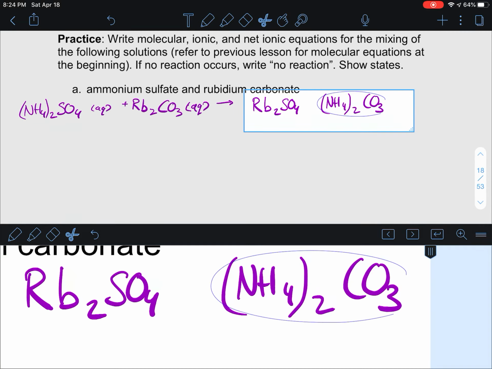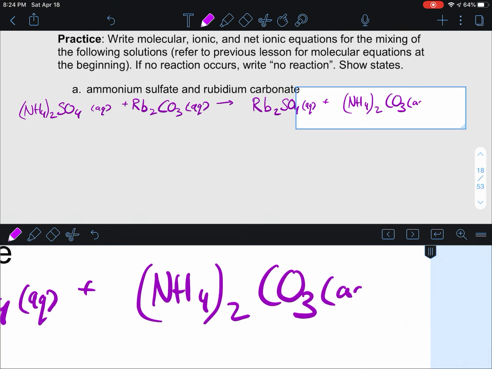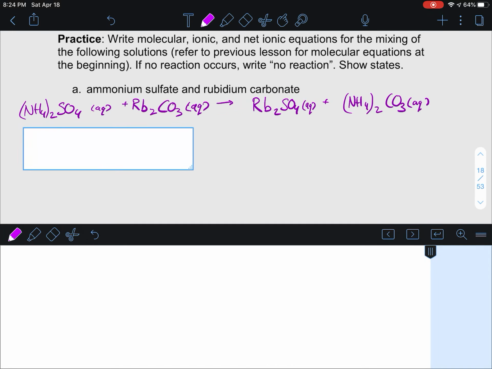I'm going to go back to my rules, but I don't have to because I already know that since sulfate and carbonate have the same rules, they are essentially equally soluble. So both chemicals have been soluble, and so that means that this is actually a no reaction situation.